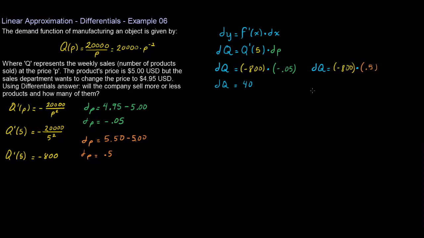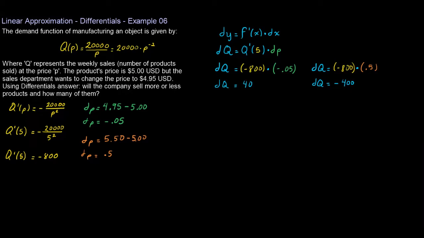So our differential of Q will now be negative 400. That is to say, if we raise the price 50 cents, which is 10% of the price, we will sell 400 fewer products than we would expect with the normal price, which is $5.